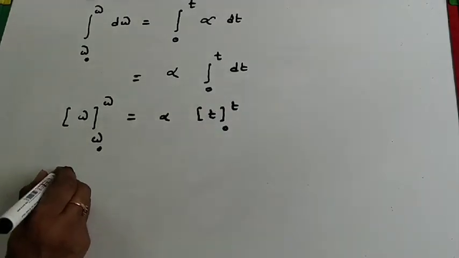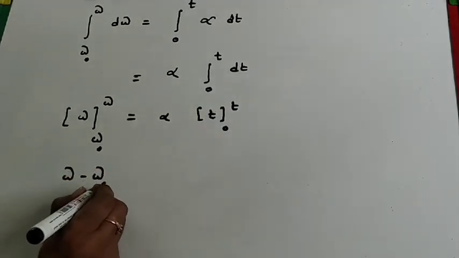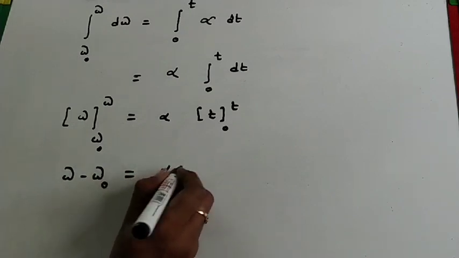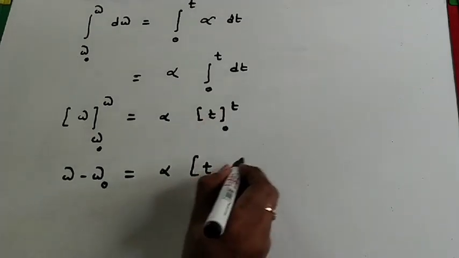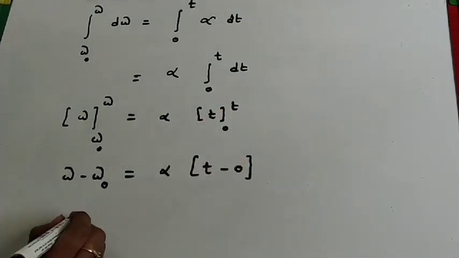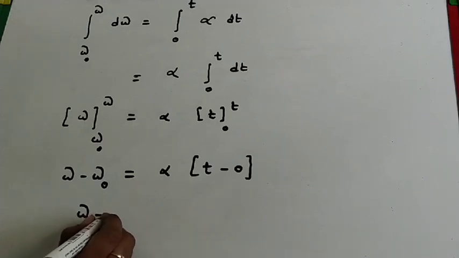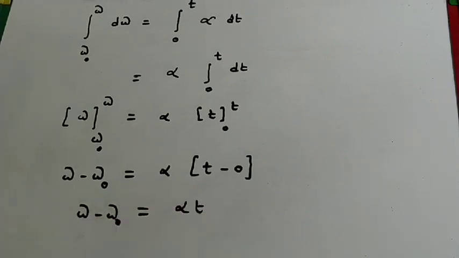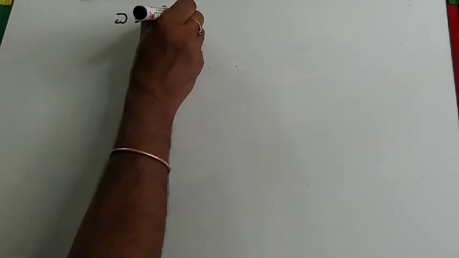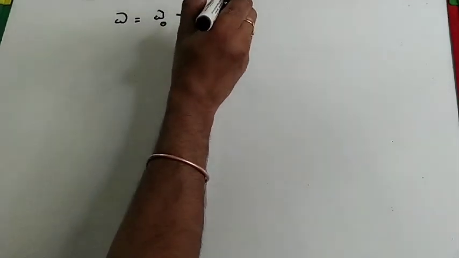Therefore, omega minus omega naught is equal to alpha into upper limit t minus lower limit 0. Therefore, omega minus omega naught is equal to alpha into t. Therefore, omega is equal to omega naught plus alpha into t.